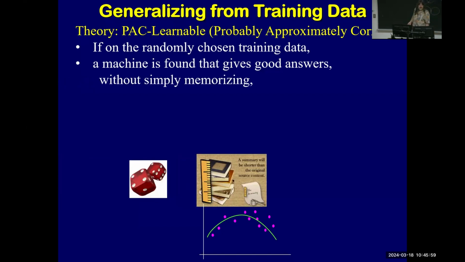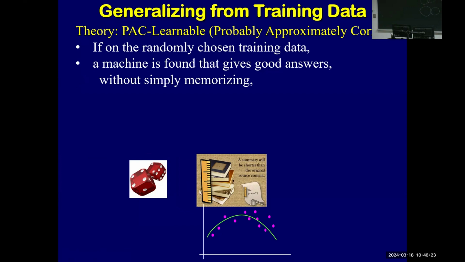All right. So this is where simply memorizing comes from. Here, how do I define a machine that gives you the perfect answers? Well, I write down for every input what the output is, right? I just memorize it, right?